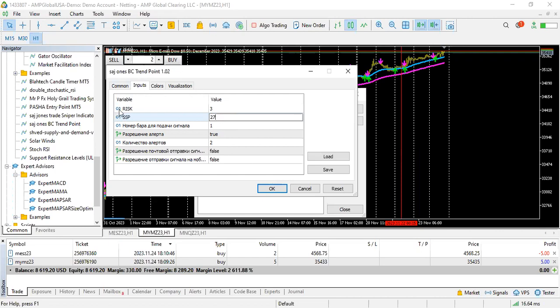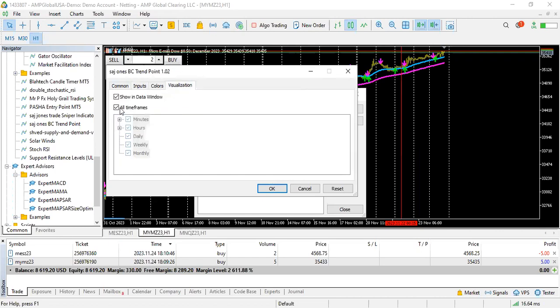Then you're going to jump over here and make sure that you only have it checked on the 15 and the hour time frame, right? Because we're entering our trades based off what's happening on the hour from the 15. So make sure the only time frames that we have checked are the 15 and the hour time frame.